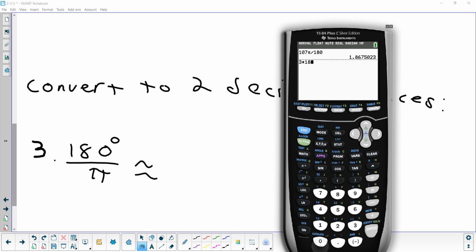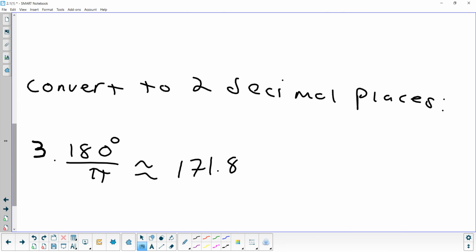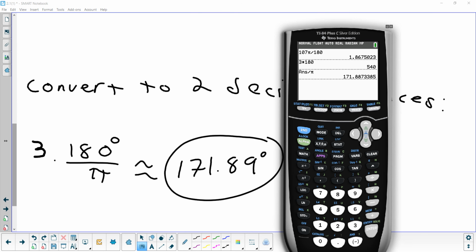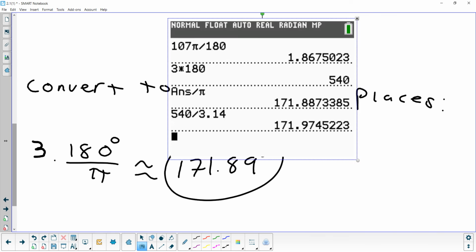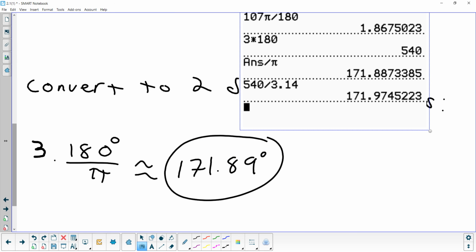3 times 180, and then divided by, use the pi button. 171.89. Now, if you don't use the pi button, the top came out to 540, and let's divide by 3.14. And we're looking for it to be accurate to 2 decimal places. So in this case, it comes out quite a bit different.